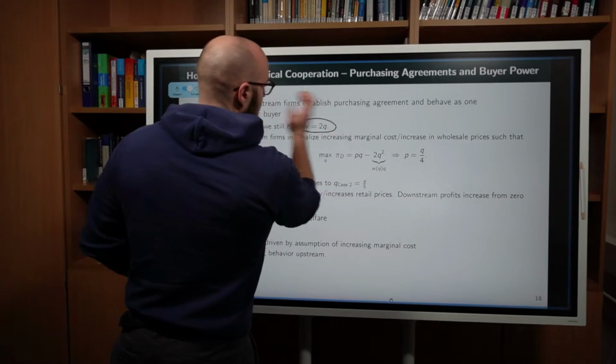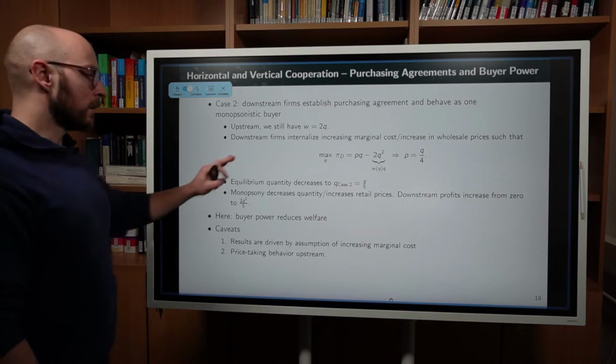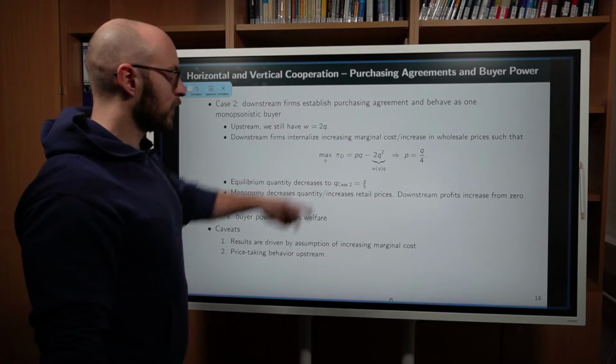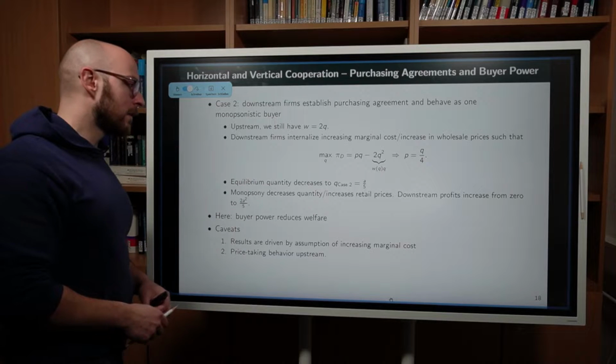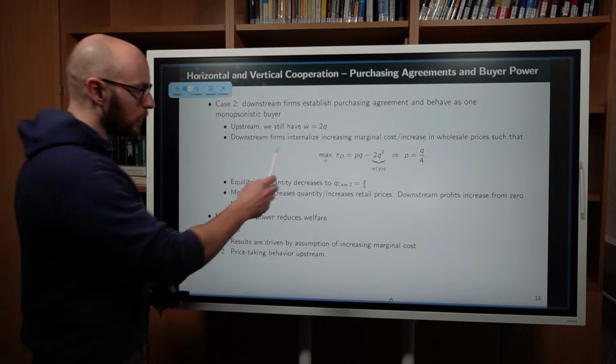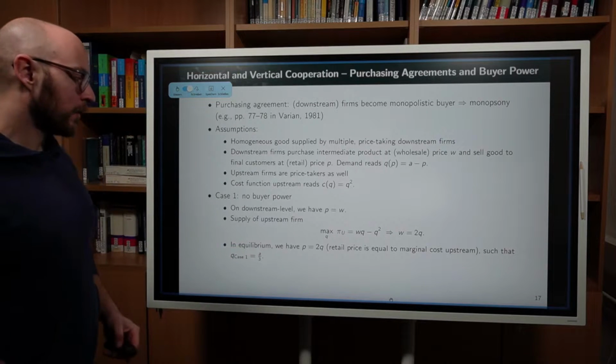what we see is that in monopsony, the quantity that the downstream firms purchase and sell, of course, is lower than without monopsony. So with monopsony, we have a over 5. Without monopsony, we had a over 3.